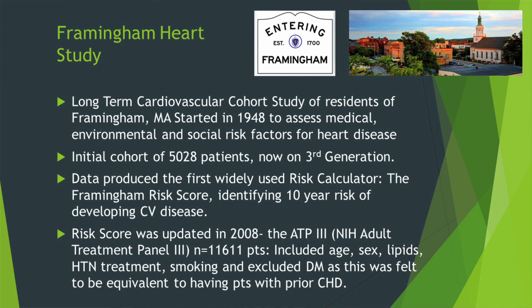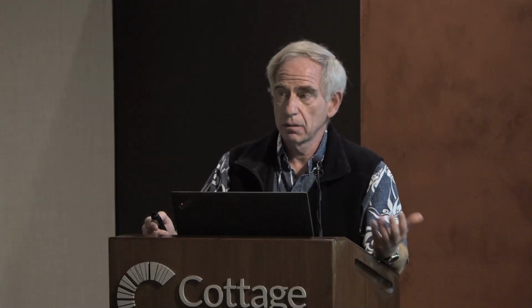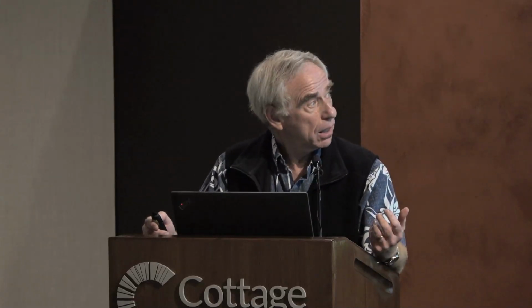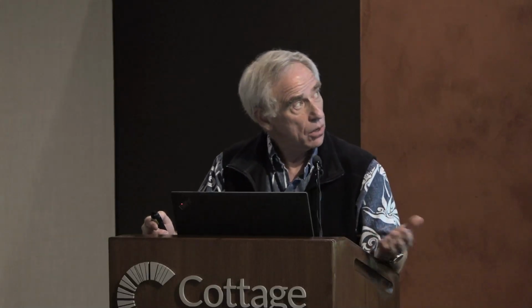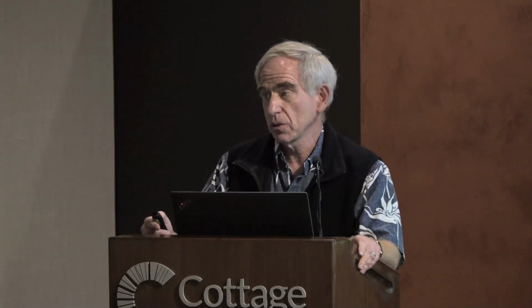The risk score was updated in 2008, called the ATP3, which was an Adult Treatment Panel sponsored by the NIH. And that was incorporated into a calculator. But it was felt to be not very accurate. It was not based on a huge number of patients. It was a single study in the cohort in Framingham, Massachusetts, so not very generalizable.